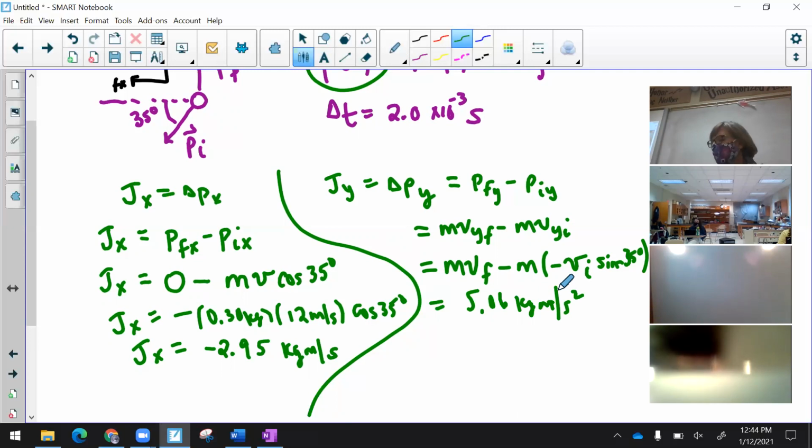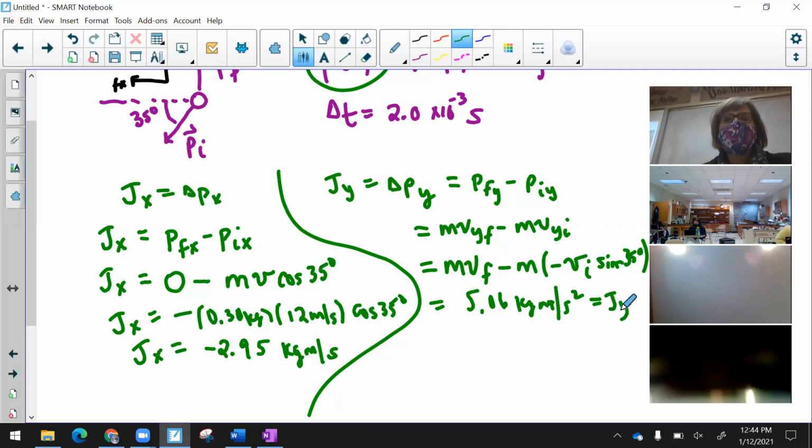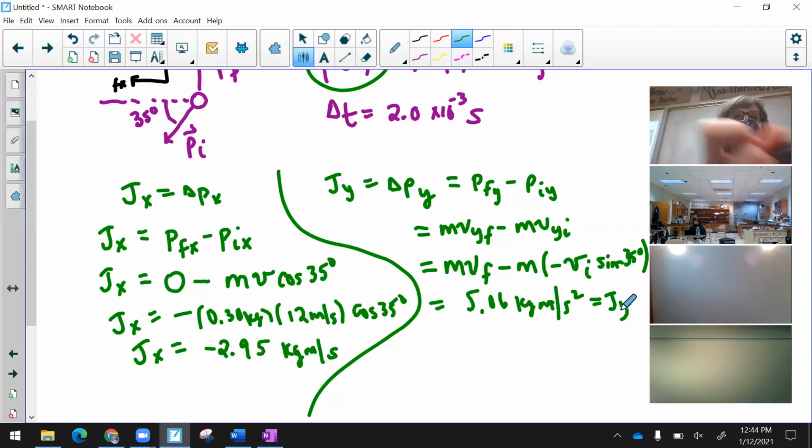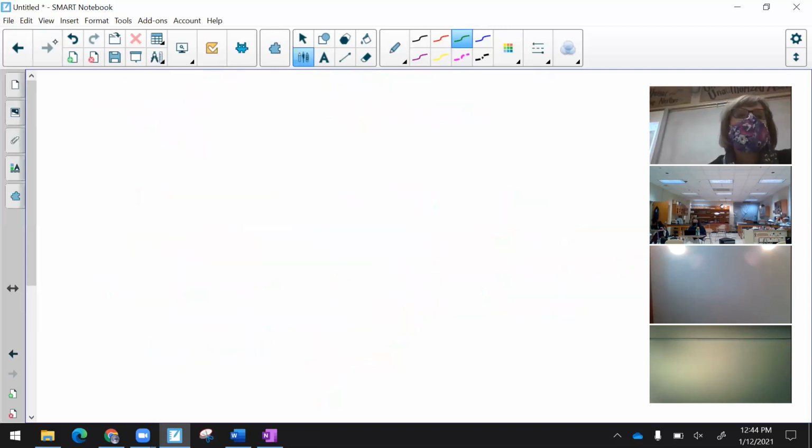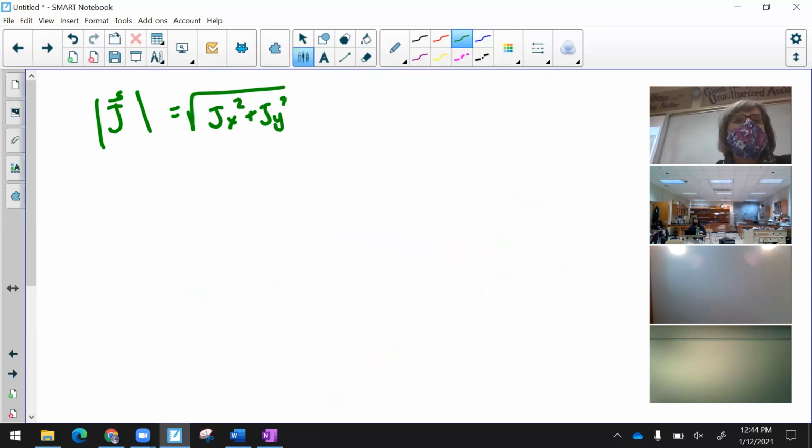Yep. All right, so now I have my components. So this, like we said before, is Jy. I want to combine those components. So my magnitude of J is going to be the square root of the sum of the squares. So what am I going to get?